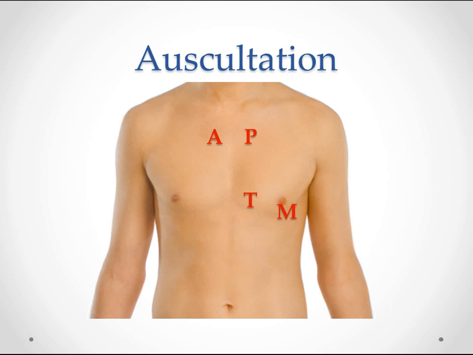Just across from that we have pulmonic. And then down, if you go under the fifth rib, next to the sternum on the left, then you have the tricuspid valve listening post. And then also underneath the fifth rib, but closer to the nipple, some people say mid-clavicular line, you have the mitral valve listening post.